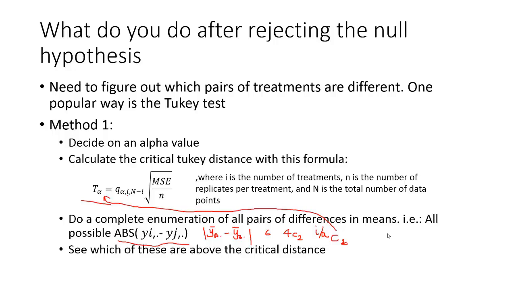You've just rejected the null hypothesis that mu A equals mu B equals mu C equals mu D. But which of these are different from each other? For that, you calculate a critical distance and see which combinations have a mean difference greater than the critical distance, and those are the different ones. I hope that gives you an idea of what the Tukey test does.